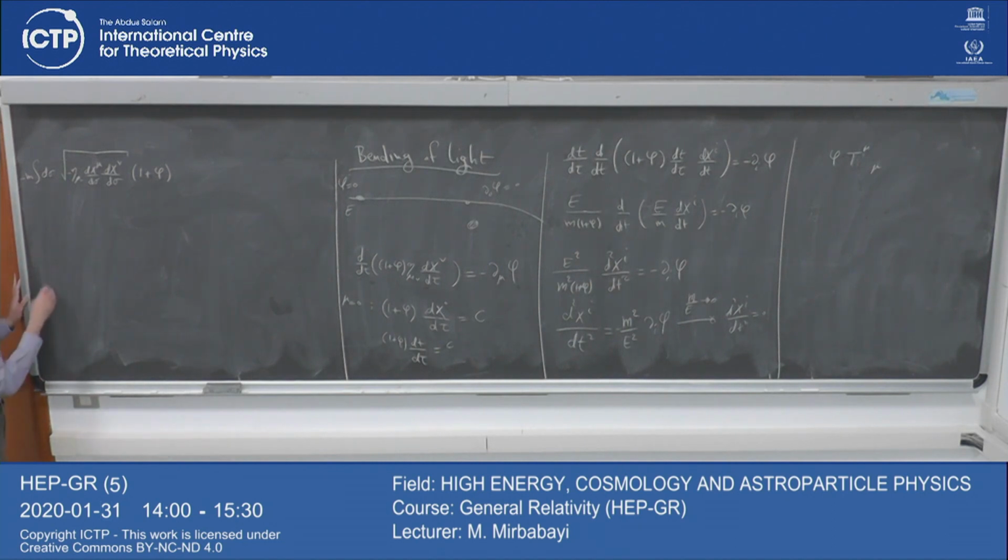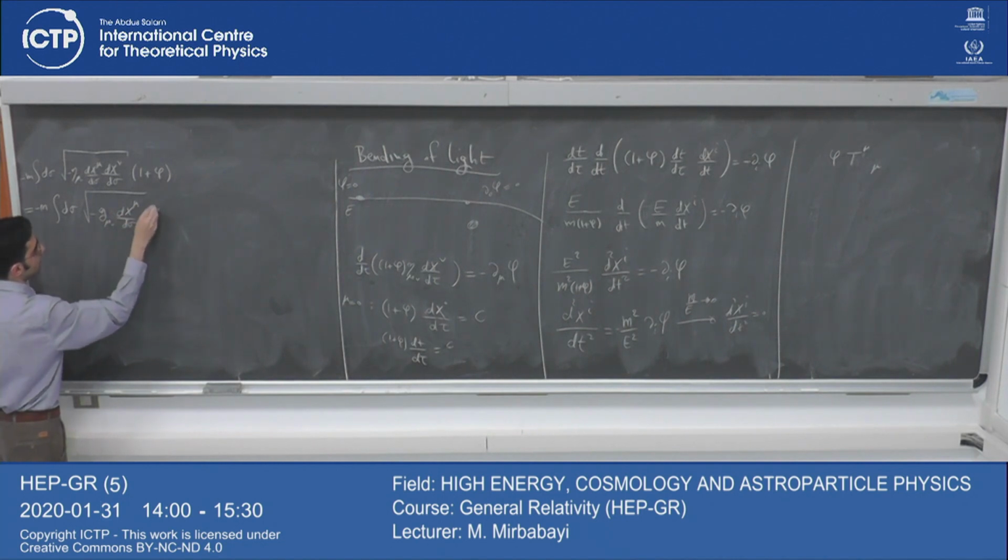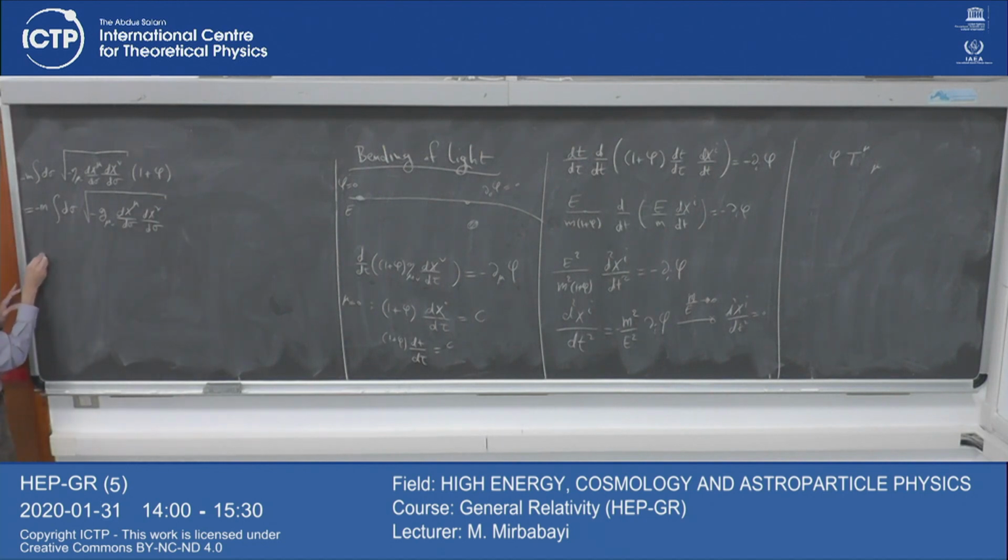So now one thing that I can do is to introduce a metric G mu nu and write this in this form, where the metric G mu nu is 1 plus 2 phi.